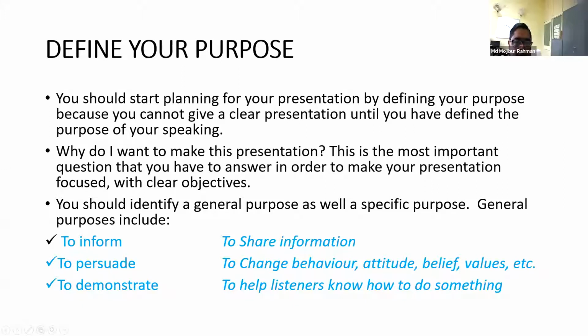Then to persuade, that means to change the behavior or attitude or belief or values of the listener. And to demonstrate, that means we help the listener to know how to do something. So these are the 3 purposes for which we basically present all the time.